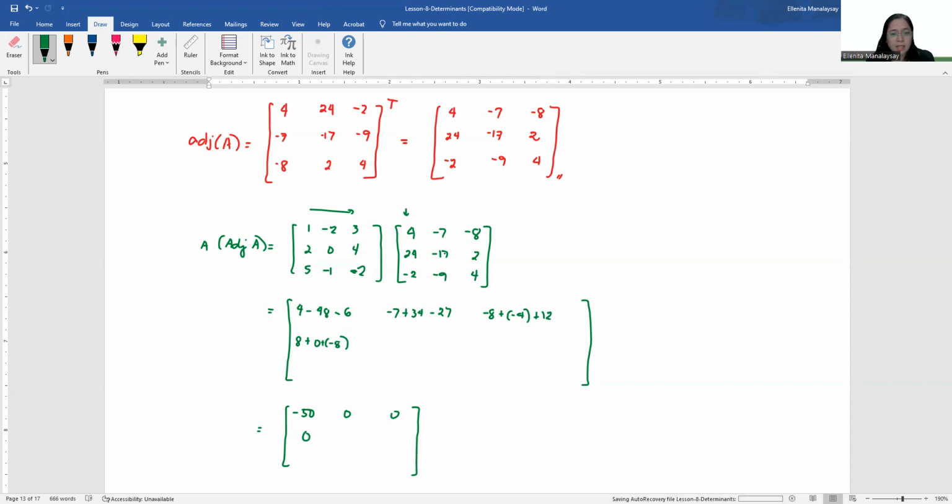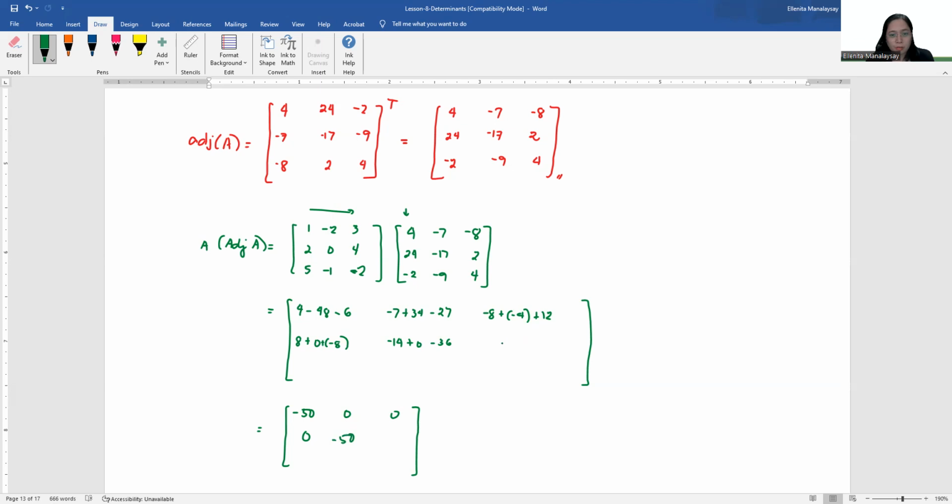Next, second row, second column. 2 times -7 is -14. 0 times 17 is 0. 4 times -9 is -36. -14 plus 0 is -14 plus -36. This is -50.